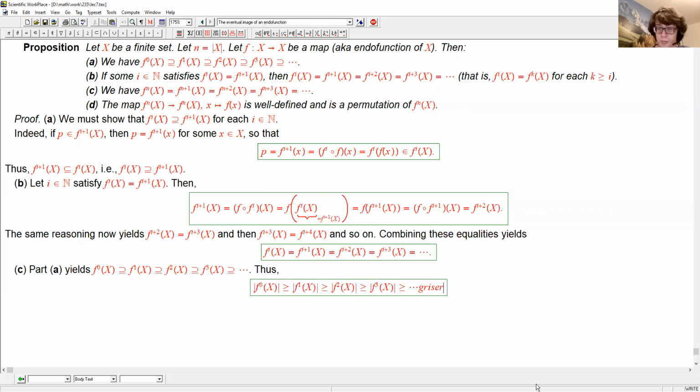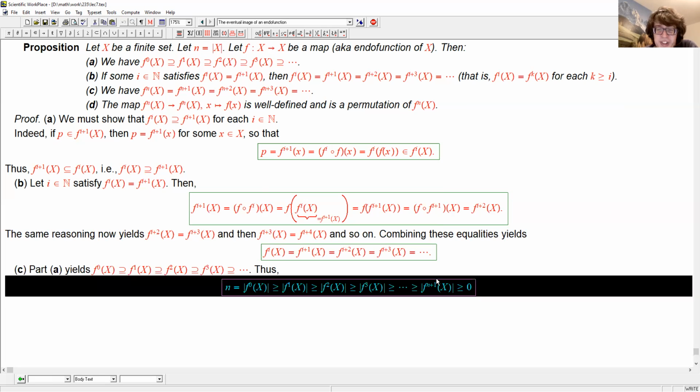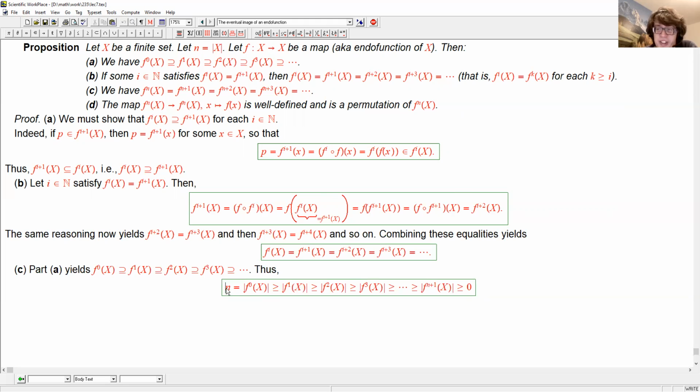However, I'm going to stop this chain at f^(n+1)(X). That's the best place to stop it. And that is, of course, at least 0, whereas this is at most n. I mean, actually, it is literally n, because f^0(X) is the whole set X, and that has n elements. So you have a decreasing sequence of numbers between n and 0.